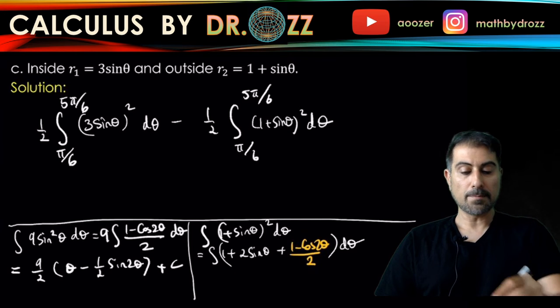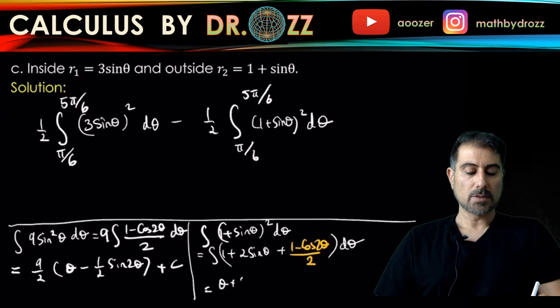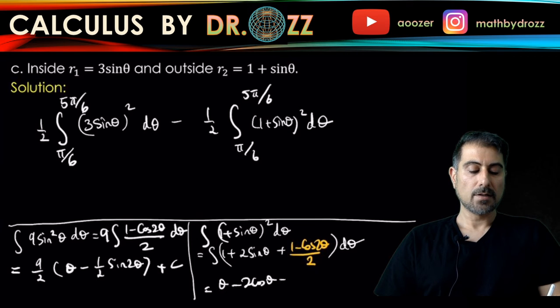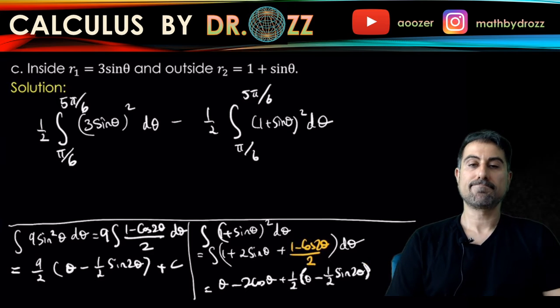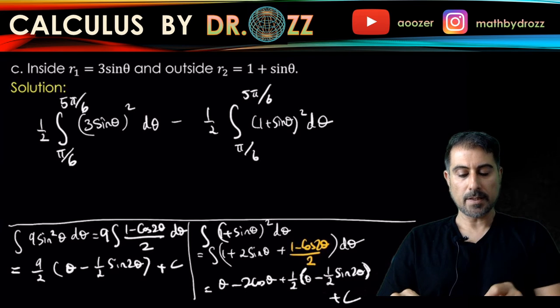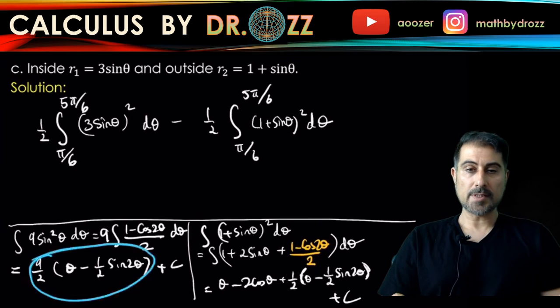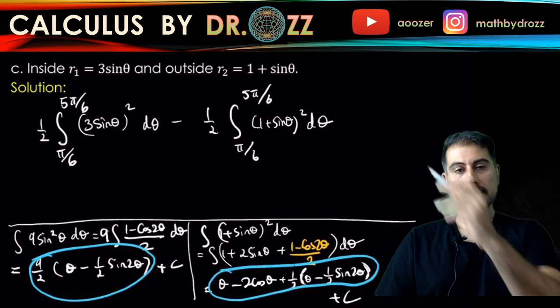Theta plus minus 2 cosine theta plus 1/2 theta minus 1/2 sine 2 theta, and plus c. In the next slide, I'm going to grab those antiderivatives and use them towards evaluating the integrals at the top.